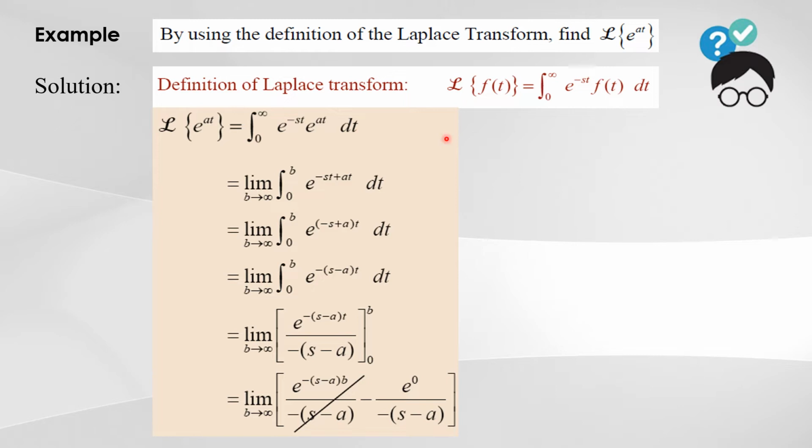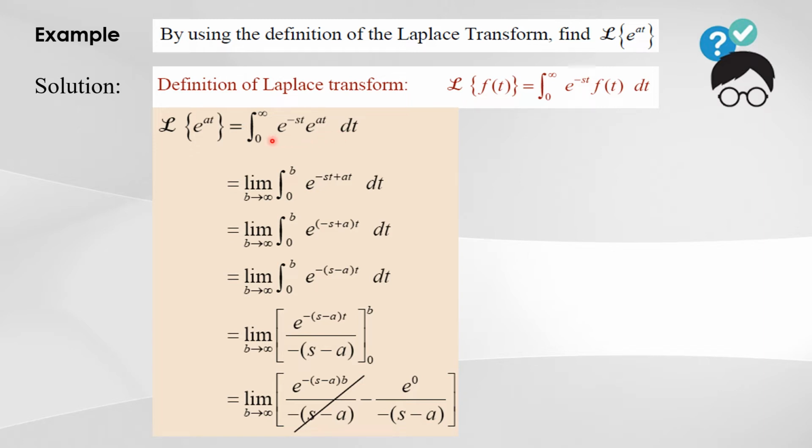So this is the work. Laplace transform of the given function f of t, which is e to the at, is equal to the integral from 0 to infinity of e to the minus st, now with f of t replaced by e to the power of at, dt.